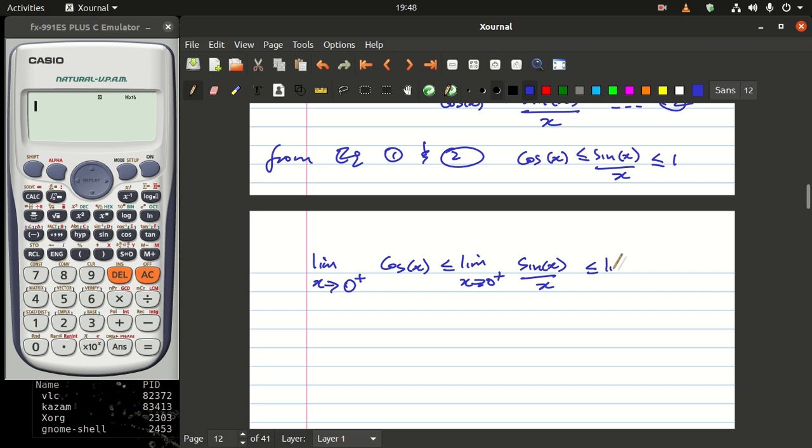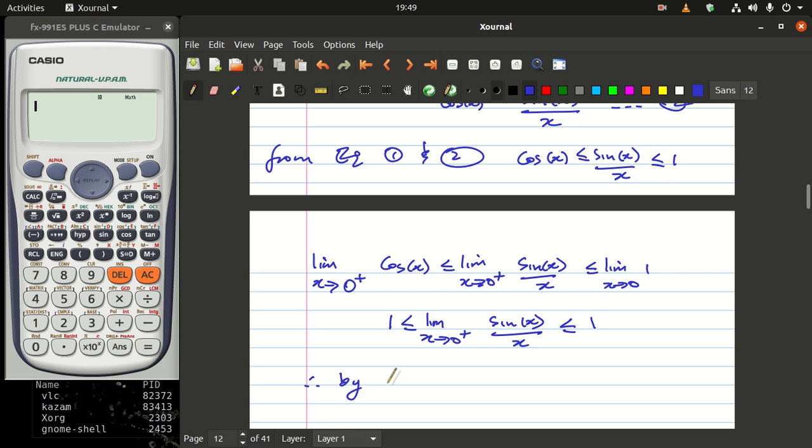And this must be less than or equal to the limit as x approaches 0 of 1. If I were to plug in 0 in cos of 0, we know that it is 1. So 1 must be less than or equal to the limit as x approaches 0 of sine of x divided by x, and this must be less than or equal to the limit of a constant, which is that constant.